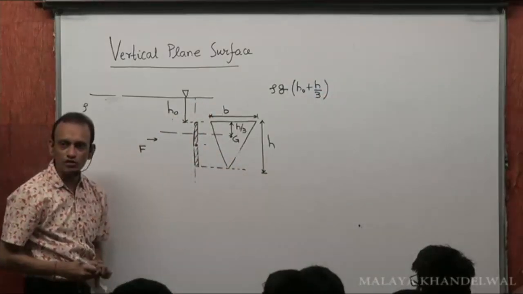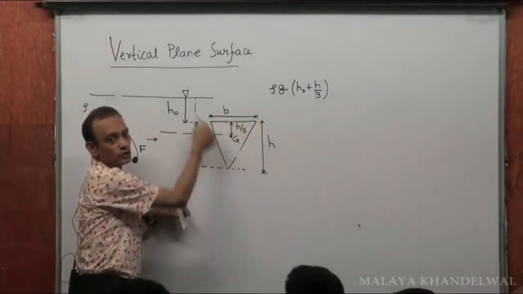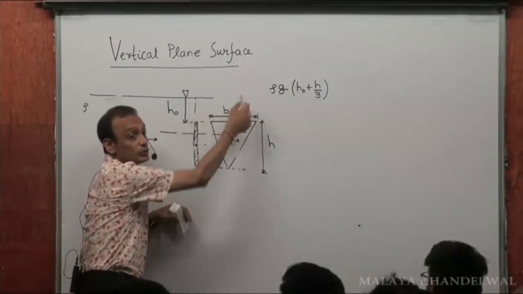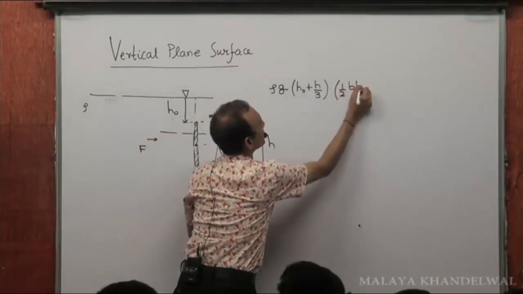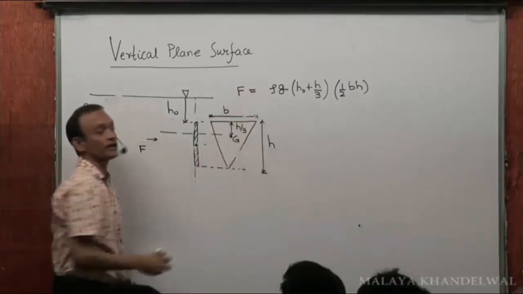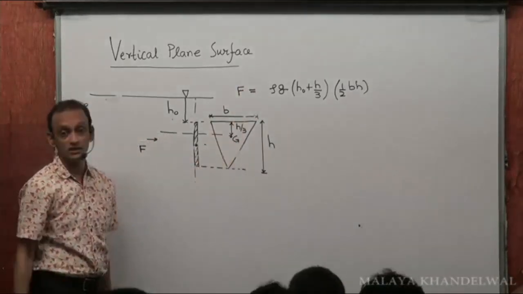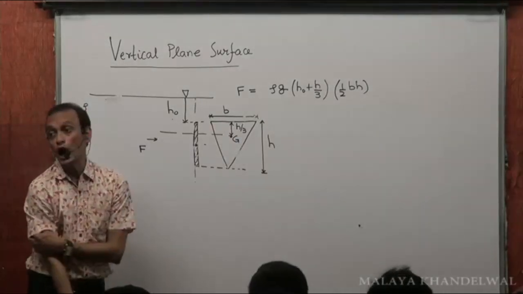That's the pressure at the center of gravity into the total area. Total area A is half B into H, base into altitude. That's the net force acting on this triangular lamina: rho g, h naught plus h by 3, into half BH.